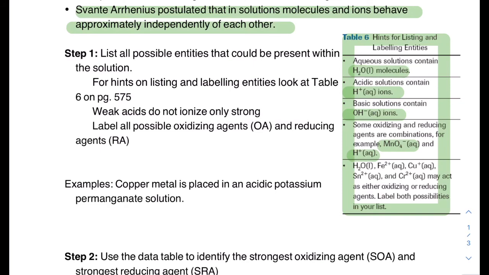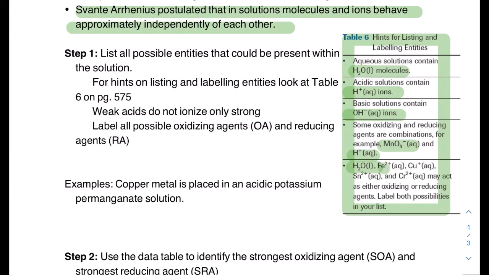Also, at the end of today's lesson, we're going to look at disproportionation, and that means when you have an oxidizing agent and a reducing agent, which is the same thing. A couple of things can act as both oxidizing agents and reducing agents. You will find water on the left side of your table as an oxidizing agent, but also H2O on the right side of your table as a reducing agent. Same with iron.